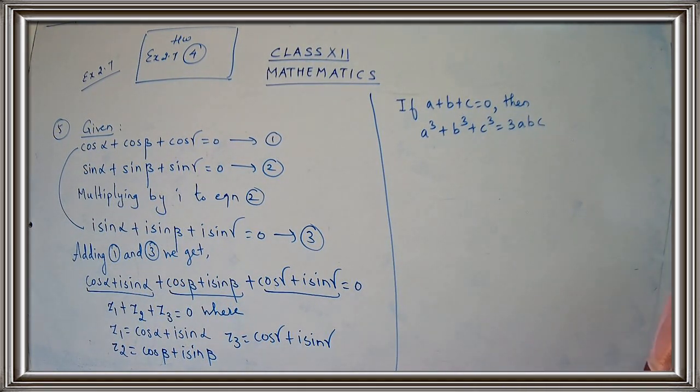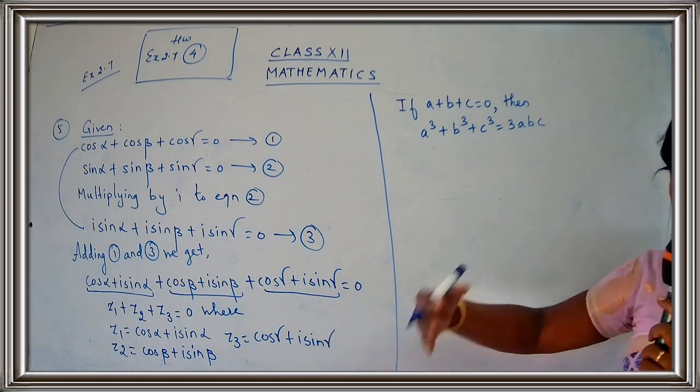This is the formula you are going to apply. If the sum of all the 3 terms is 0, then A cube plus B cube plus C cube is equal to 3ABC. So we are going to apply this identity and simplify it further.